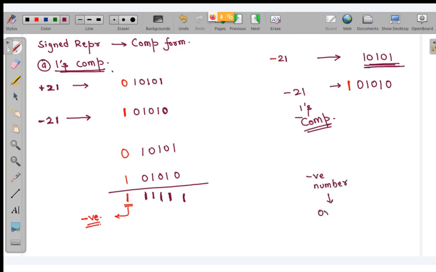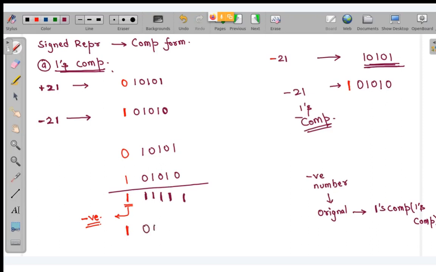you need to do what? You need to take 1's complement of the 1's complement number. Remember, if you take 1's complement of this number, the sign bit you will keep intact, keep it 1 only, and the remaining magnitude bits you complement.